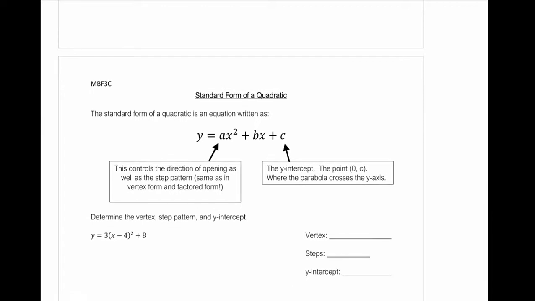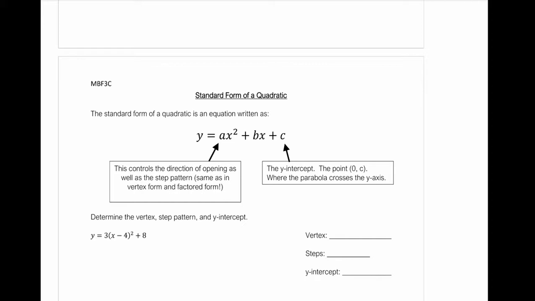So the standard form of the quadratic is an equation that's written as y equals ax squared plus bx plus c. Again, a, b, and c are just variables or letters that represent values. In the standard form, those values will be filled in with a coefficient or a number.